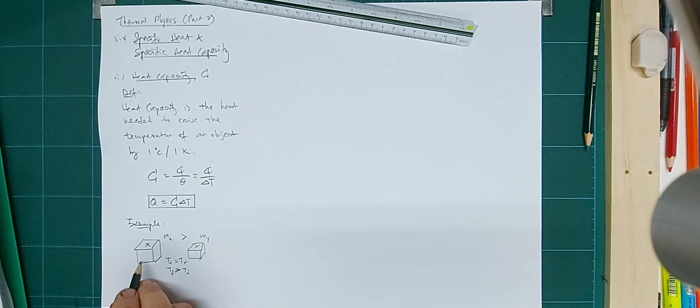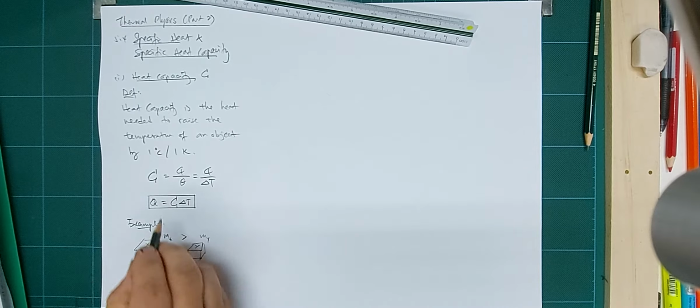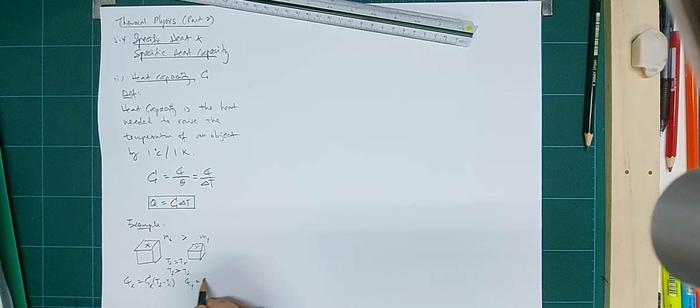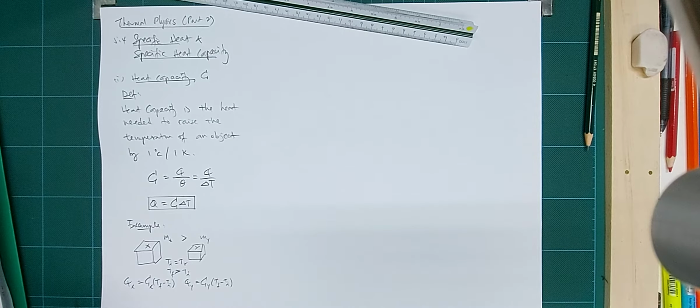So the energy needed by X, Q on X, is equal to CX multiplied by the change in temperature, TF minus TI. And for Y, it is CY times TF minus TI. They start at the same room temperature and reach the same final temperature.